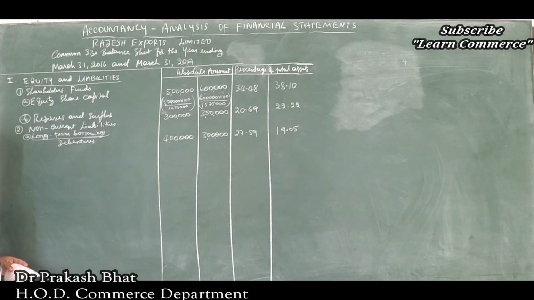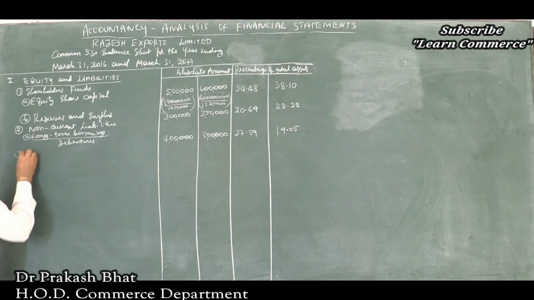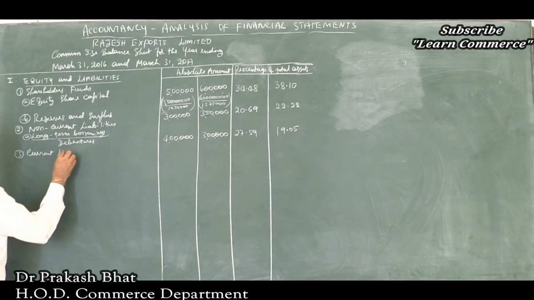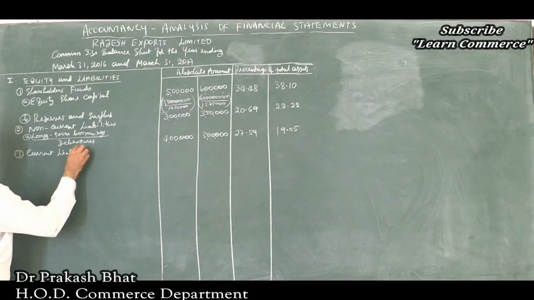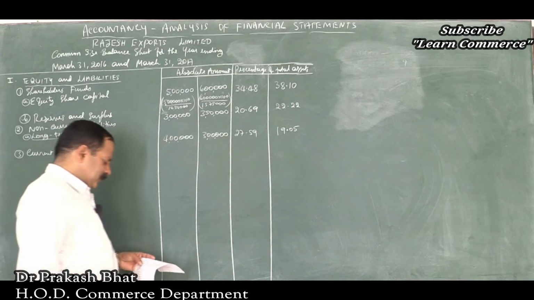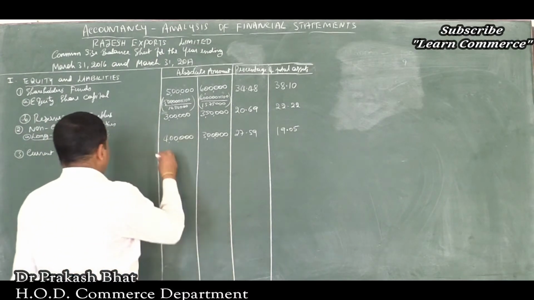Then last one is current liabilities. Third one, current liabilities, isn't it? 2,50,000 and 3,25,000.